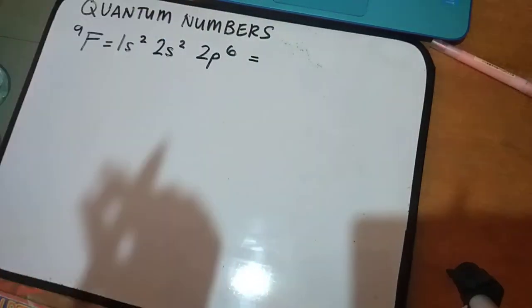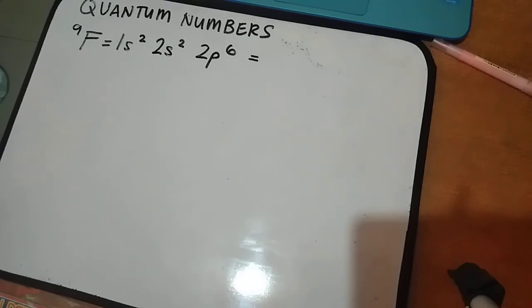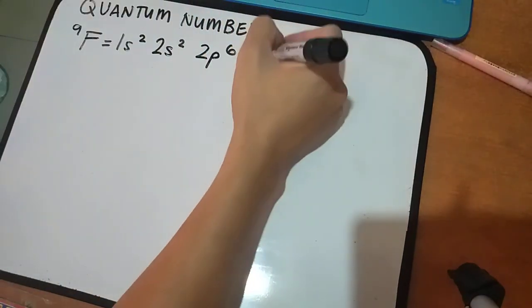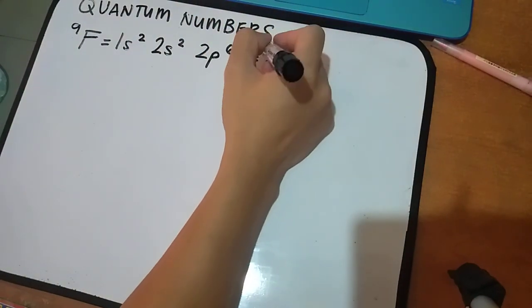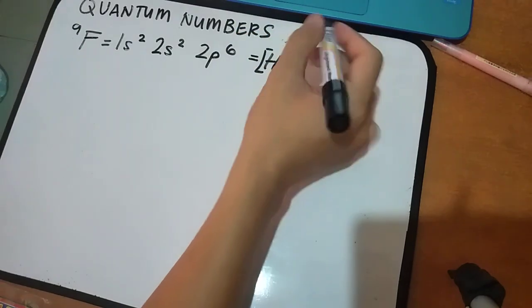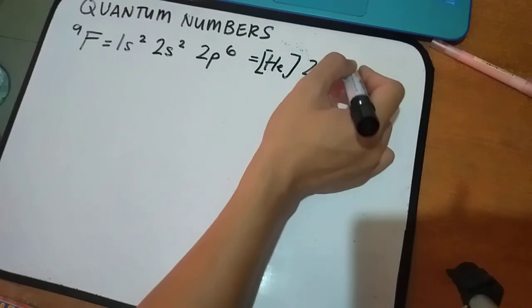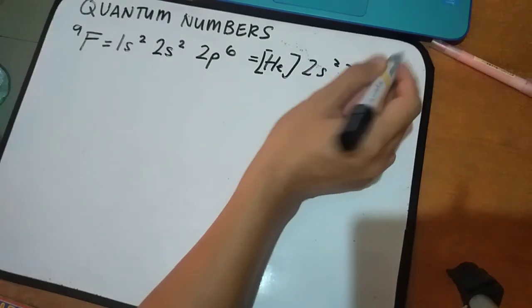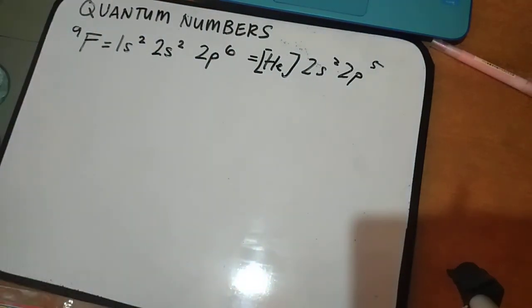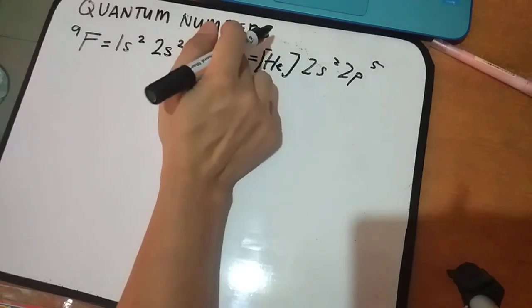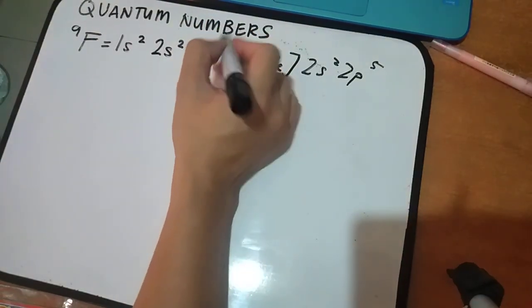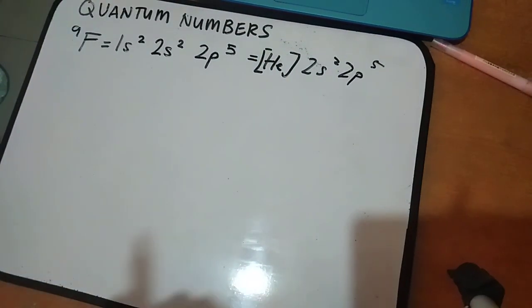Look at the last noble gas before fluorine. The last noble gas before fluorine is helium. Then, the rest. 2s2, 2p5. Okay.